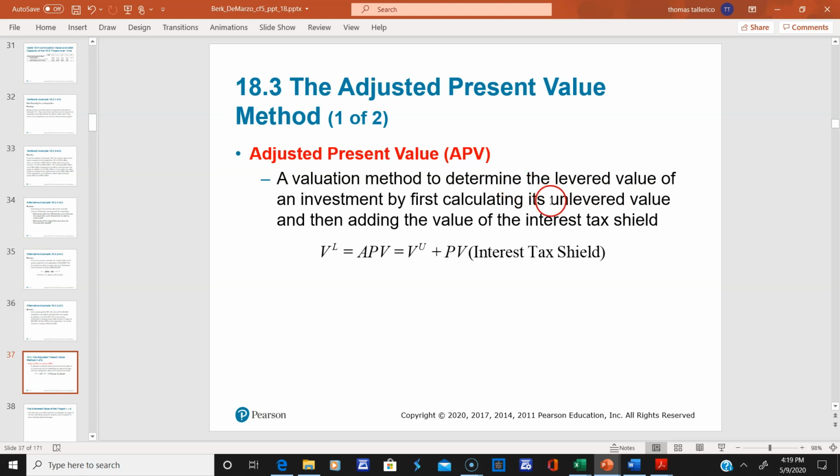You notice how we do that? We do the unlevered value here, and then we add the value of the interest tax shield. So this looks pretty simple: V levered, which is also the adjusted present value, is equal to the unlevered value plus the present value of the interest tax shield.